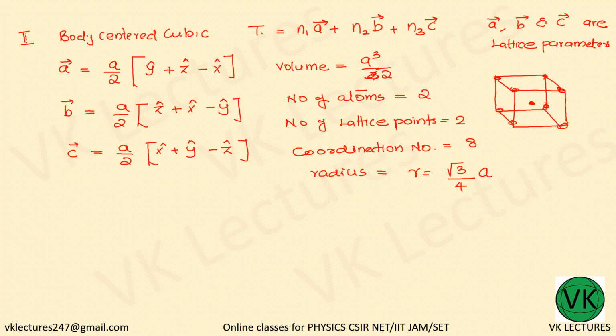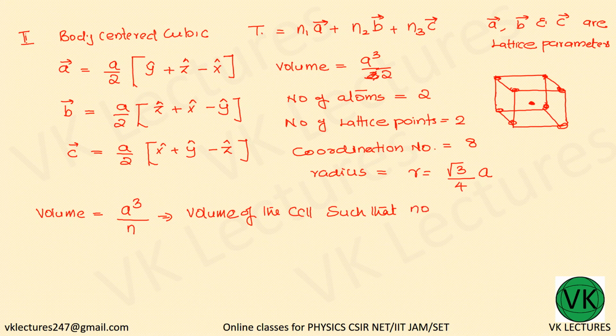Okay. Now what does this volume equal to a cube by 2 represent? Volume is given by the lattice constant a cube. Since it is a cube, we can write a cube divided by n, which is the number of atoms. Now this represents the volume of the cube or the cell such that the number of atoms is equal to 1.